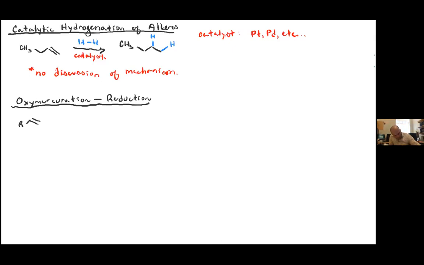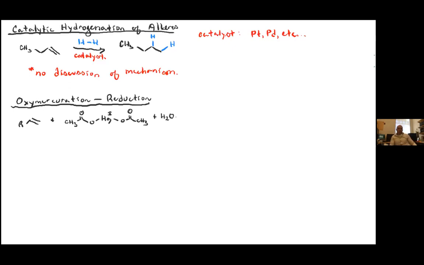Okay, and so for a generic alkene, we're going to treat that alkene with mercury acetate. And so this is mercury 2 and water.